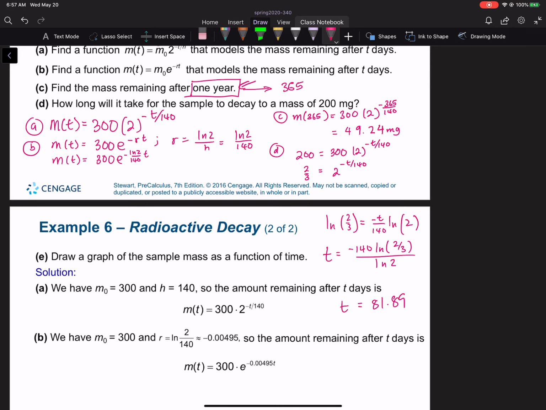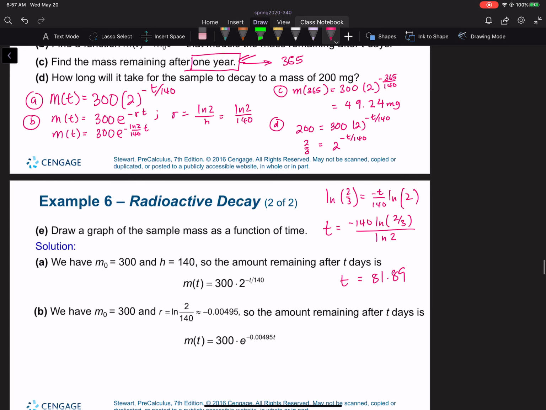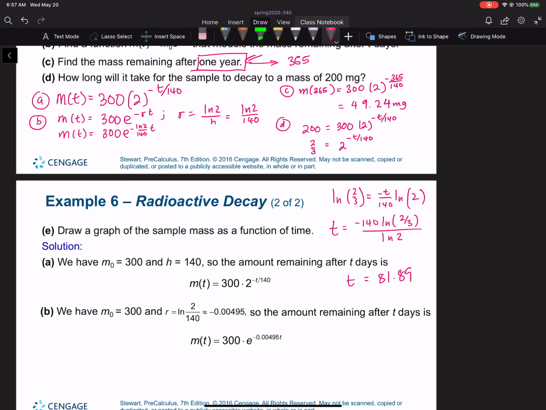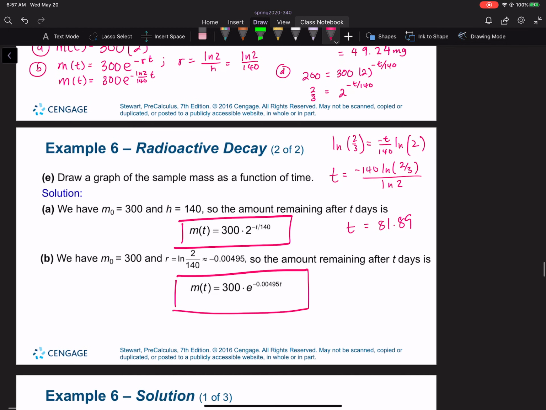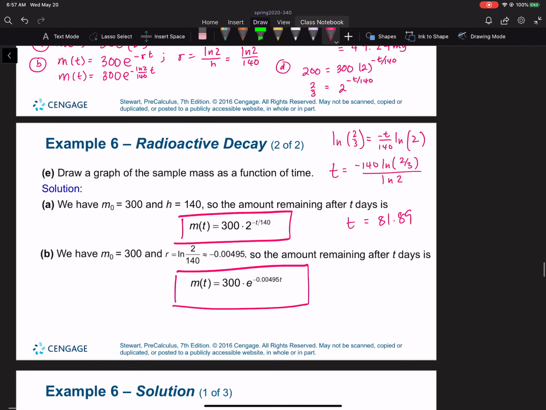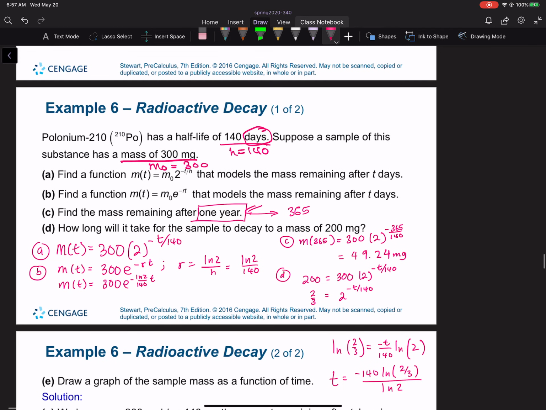Okay. Alrighty. So let's check our answers to see. I think my solutions run over, but that's okay. A was exactly the same as that. B, we have the same thing. If you calculate the ln, you end up getting that same value that I had, right?